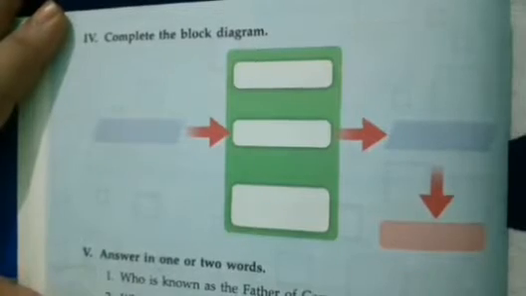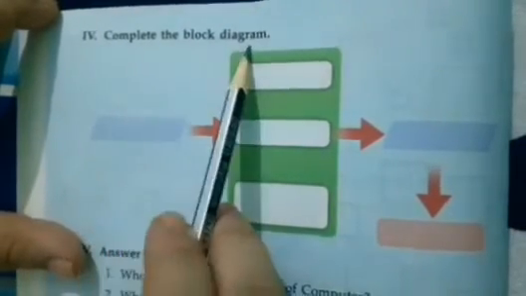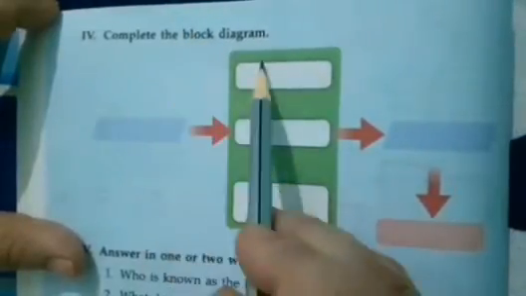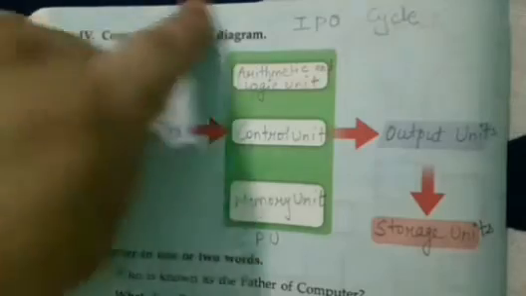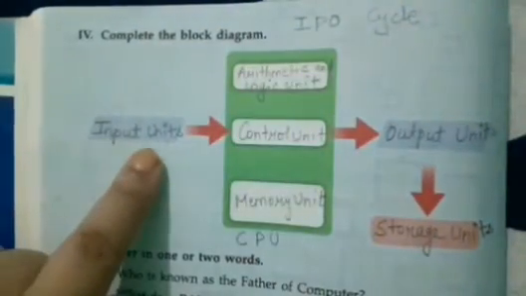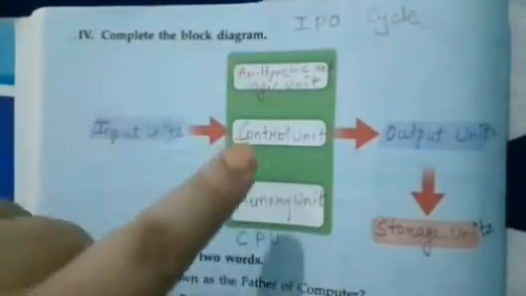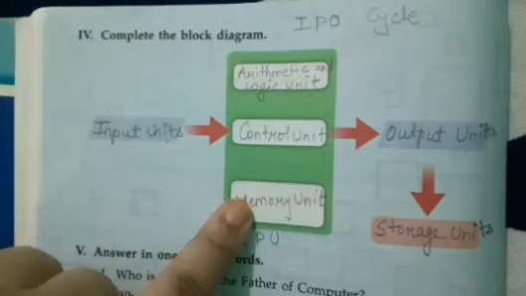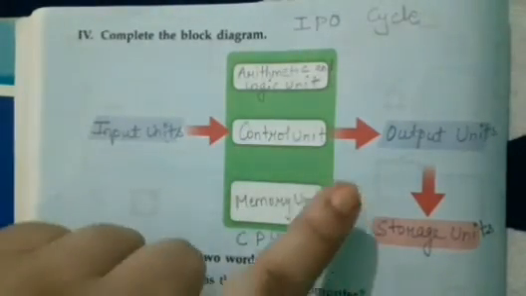Okay children, now turn on to page number 20. Here question number 4 is given. Complete the block diagram. Now what is this block diagram all about? It is about the IPO cycle. So this is how a computer works. It takes the data and instructions through the input units. The CPU processes all that data with the help of ALU, control unit and memory unit. After this, the data is processed into a meaningful result, which means information.